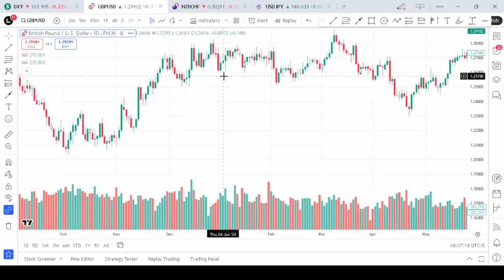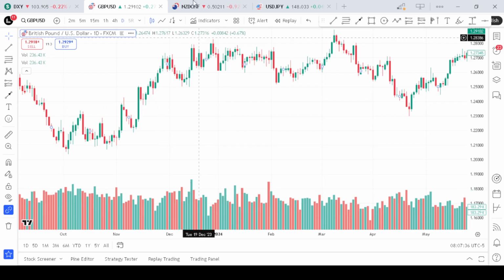As you can see, this is January and we can see there is an increase in volume. This shows that there should be an increase in volume on USD pairs during January. This is called the January effect.